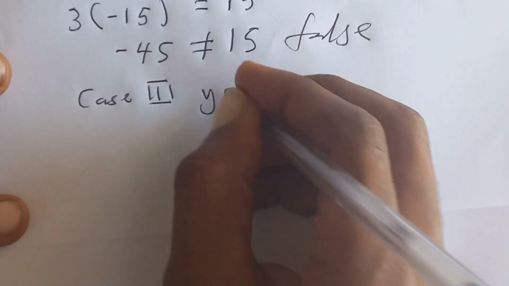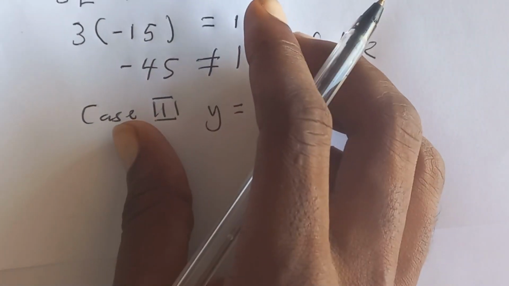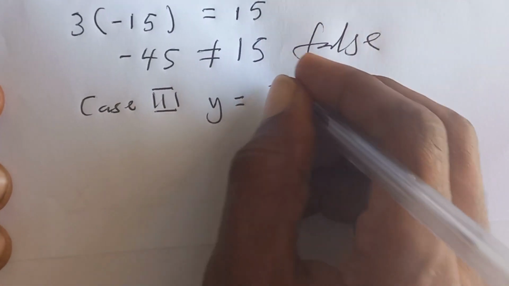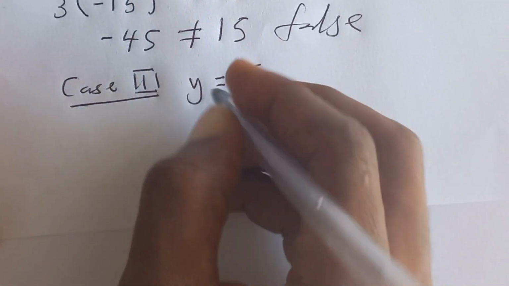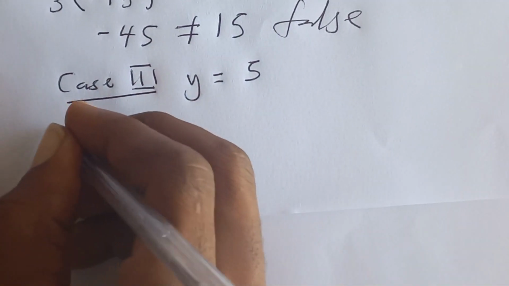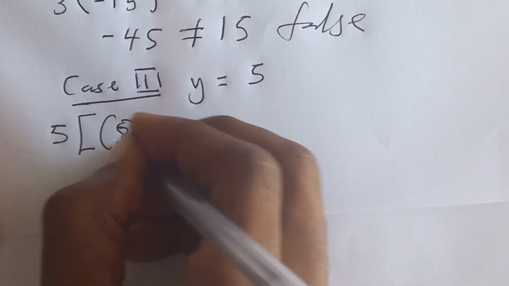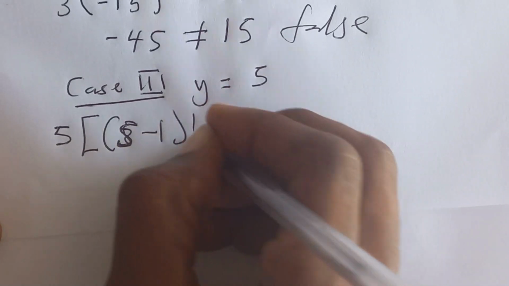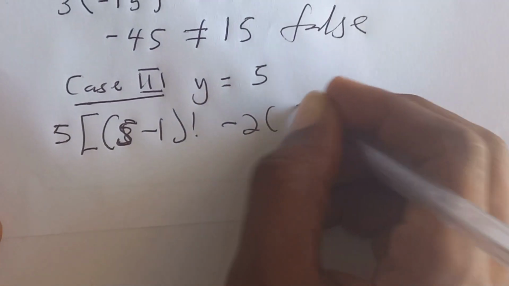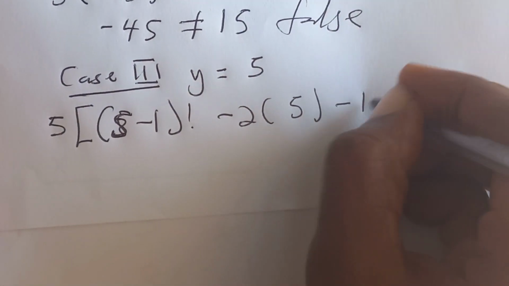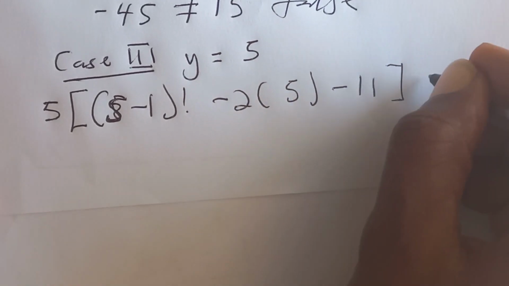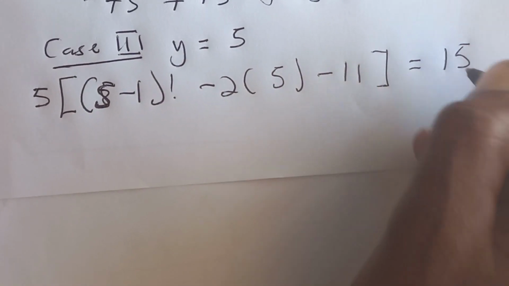Now let's go to case 3, when y is equal to 5. We have 5 times (5 minus 1) factorial minus 2 times (5 minus 11), and it should be equal to 15.